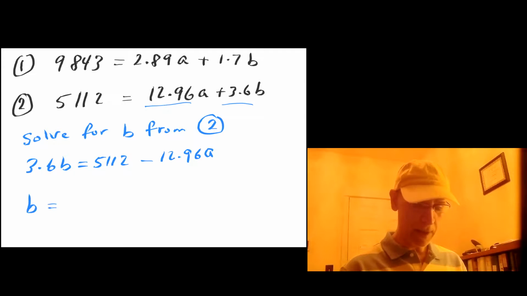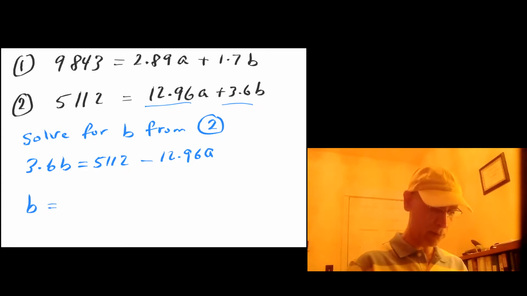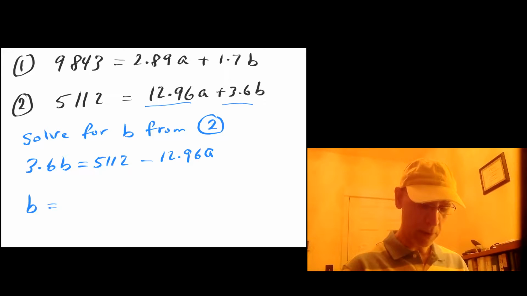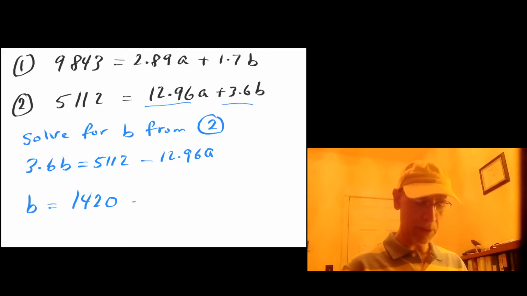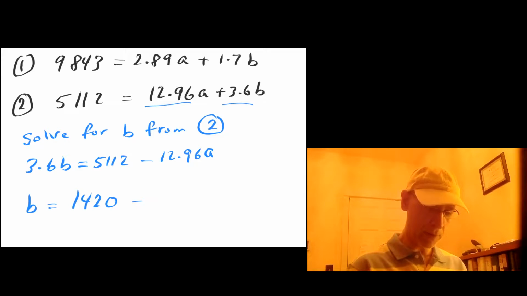5112 divided by 3.6, let me use the calculator, gives 1420, minus, and I know 12.96 divided by 3.6 gives me, well, let's do it anyways. 12.96 divided by 3.6, and there's 3.6.